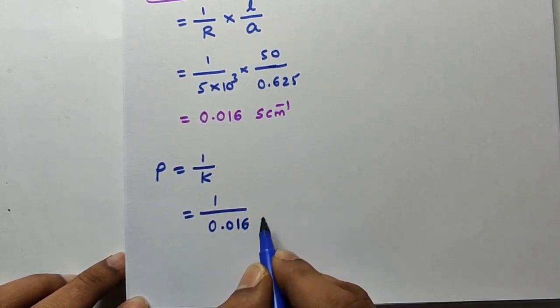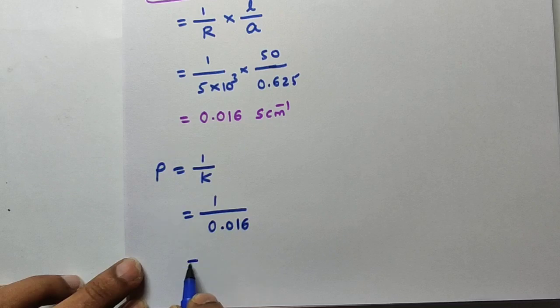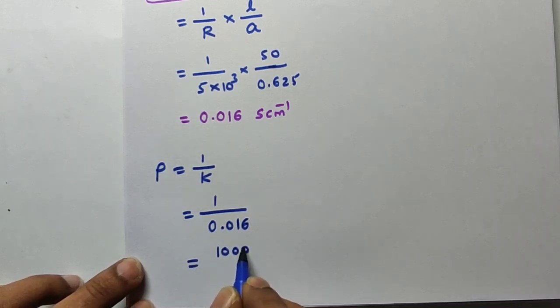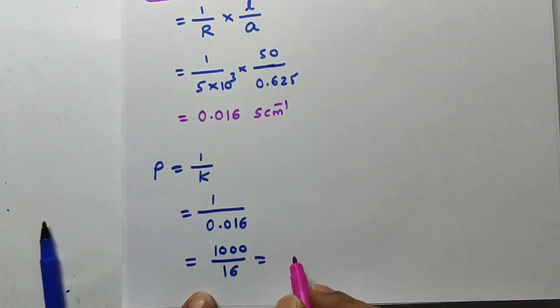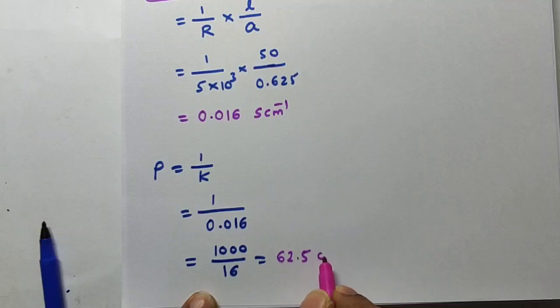If 10 power minus 3 goes here, it becomes 1000. So 1000 divided by 16, which equals 62.5, units ohm centimeter.